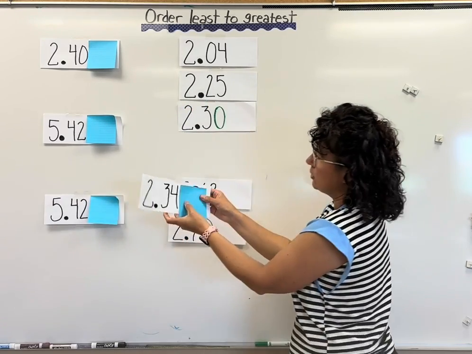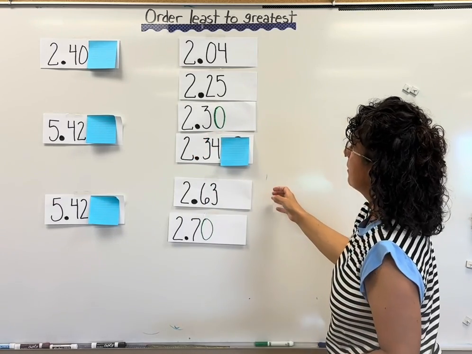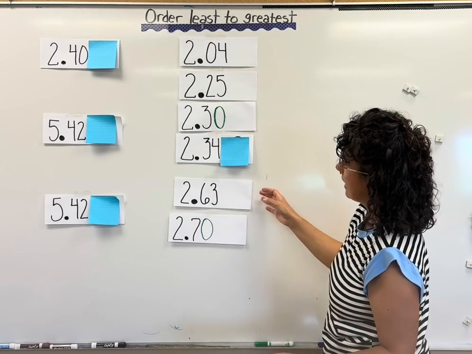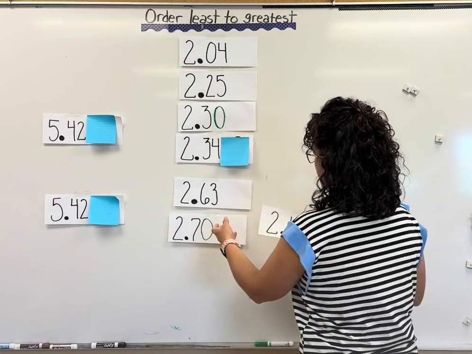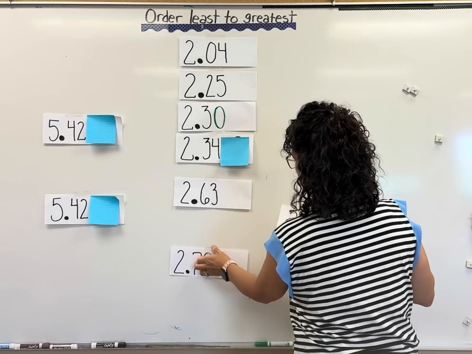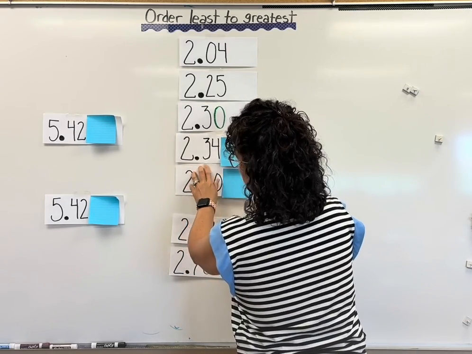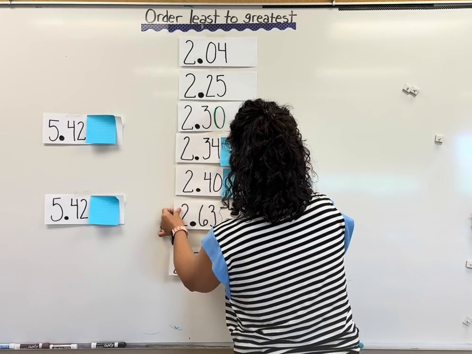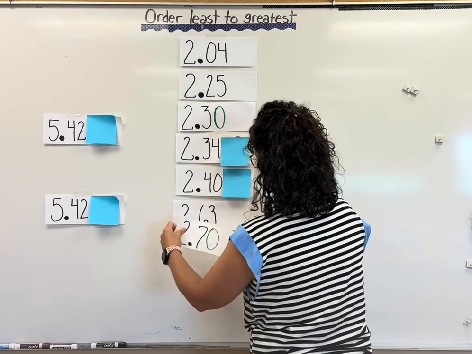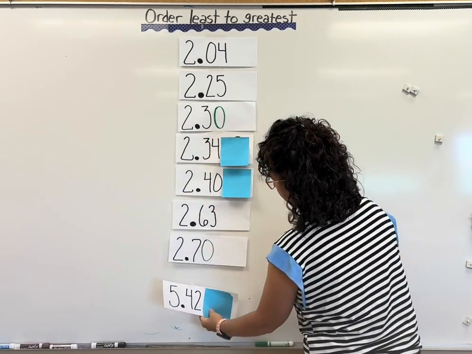Okay, now this one, $2.34, then $2.40, $2.63, $2.70. Now these two are tied.